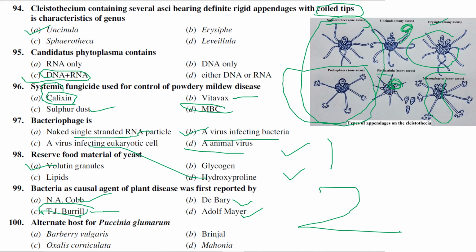Previously it was called Micrococcus amylovorus, later the name changed to Erwinia amylovora. This was reported by T.J. Burrill in 1878. The next one: alternate host for Puccinia glumarum: Berberis vulgaris, brinjal, Oxalis corniculata and Mahonia. For Puccinia glumarum, the alternate host is Mahonia.